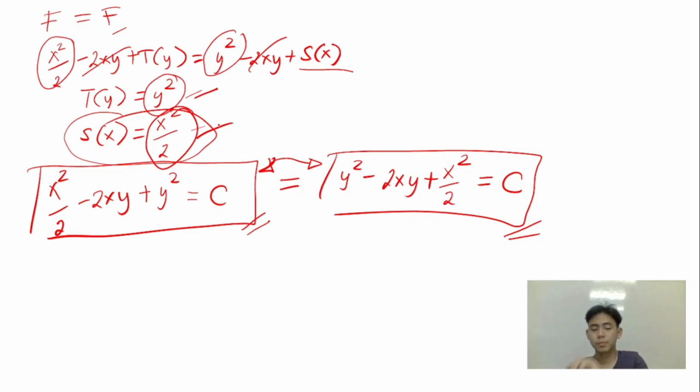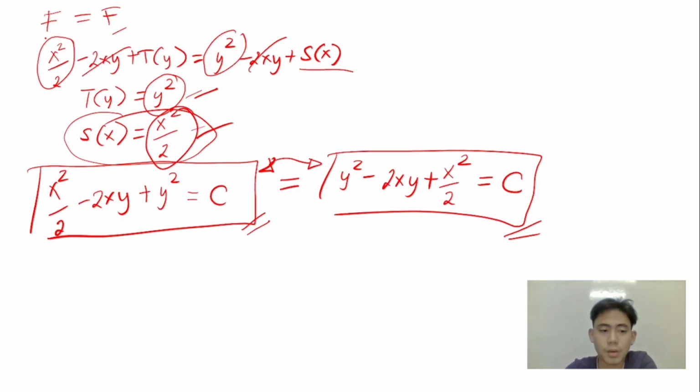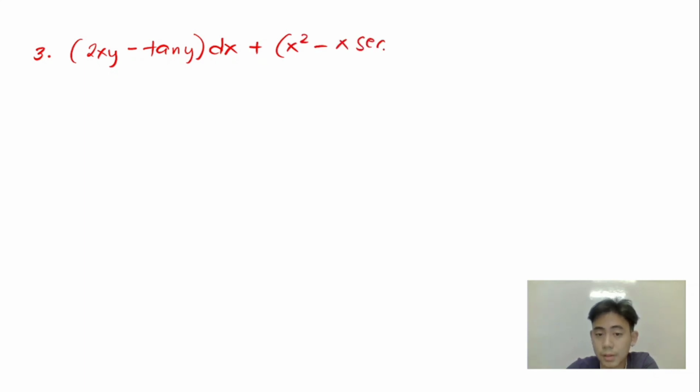Okay? So, for the last example, example number 3, sana naintindihan nyo, and step by step naman. So, example number 3 is, if you have (2xy minus tangent of y) dx plus (x squared minus x times secant squared y) dy is equals to 0.